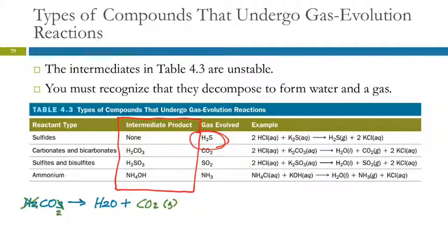Same thing with these other 2. H2SO3 forms water, and so we're going to lose the 2 hydrogens and we're going to lose one of the oxygens. So that leaves SO2. That's a gas because I told you so.